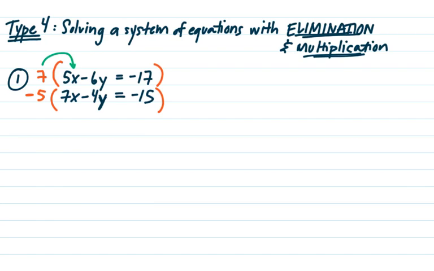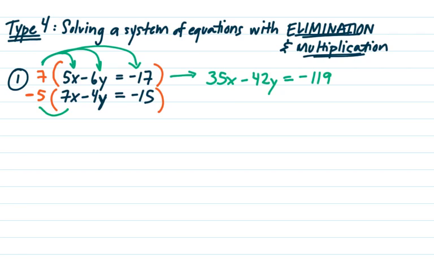So first thing here, we will do distribution on this equation, and we will get 35x minus 42y equals minus 119. And then in this case, for the second equation, we'll get a minus 35x, which is just what we wanted.